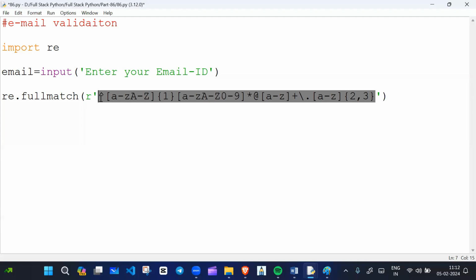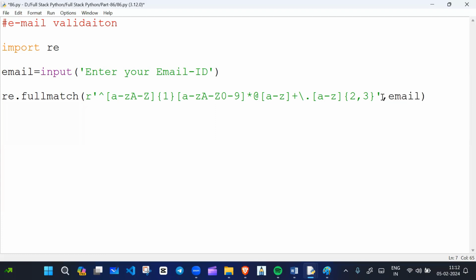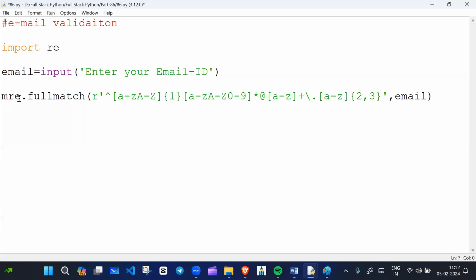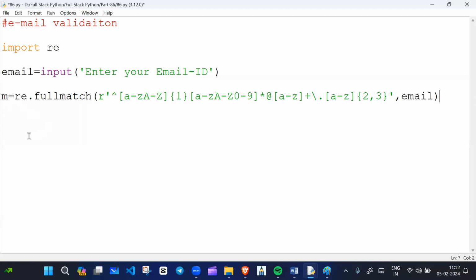Or what we can do, we can simply write here email. We are applying this pattern on this string, this email. If it is a full match, it will return True.